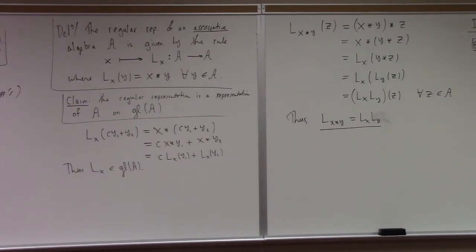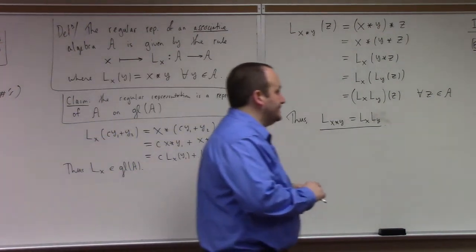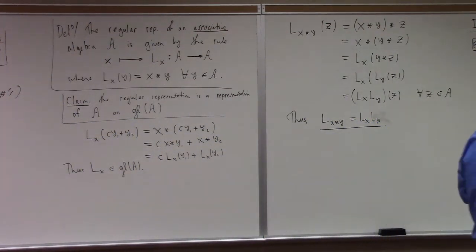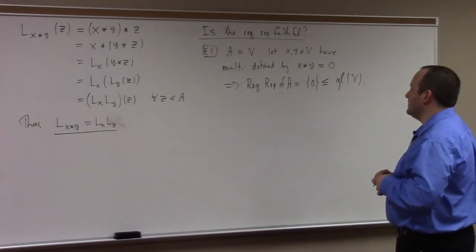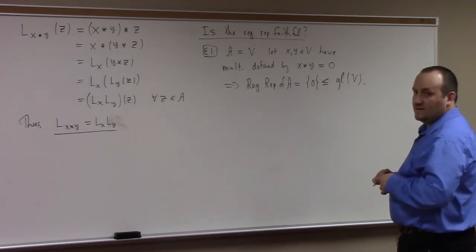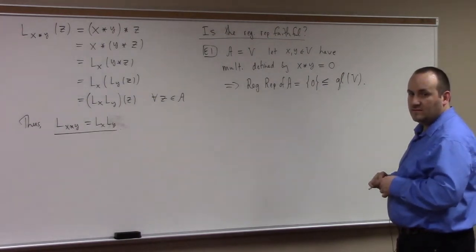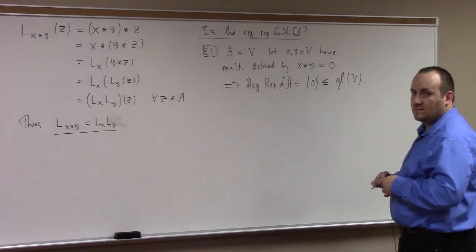Linear if it's injective. Let's see here. It seems kind of dumb that they make you come up with faithful. Like, why can't they just call it injective in the first place?